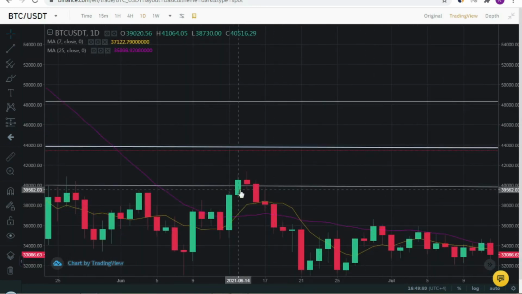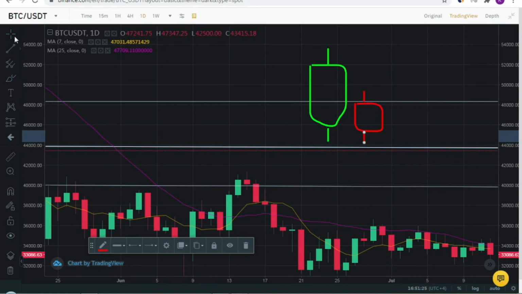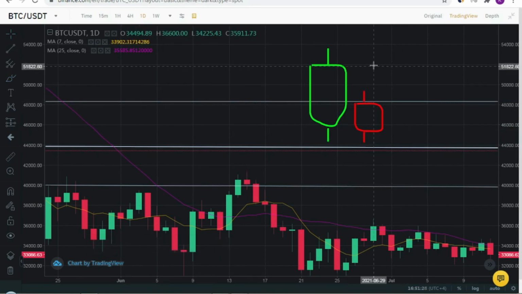Now bear in mind that this is also a bearish engulfing pattern. To know engulfing patterns, know that if you have a bullish candle like this, and this is a bearish candle, this will give you a bearish engulfing pattern.